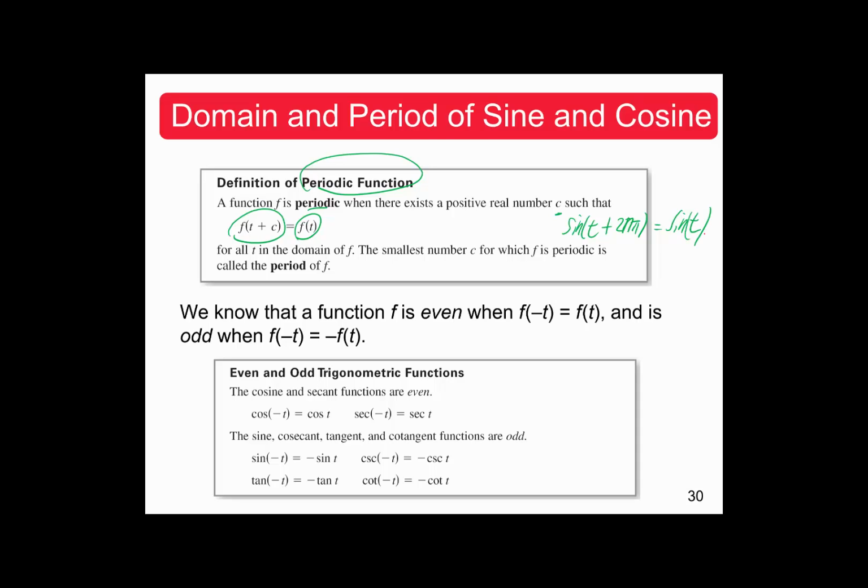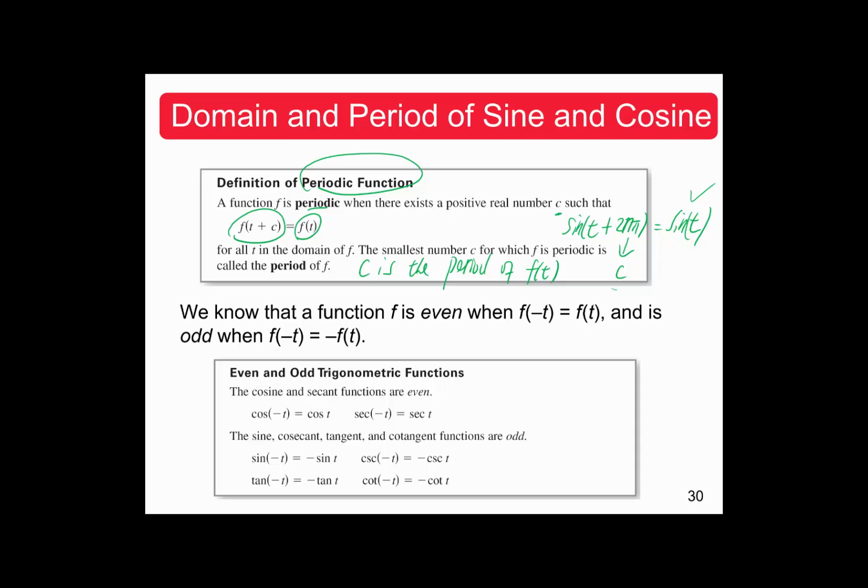And here 2n pi is what we're calling c, right? So you add c, you end up with the same result. Then the period is going to be 2n pi. So that c becomes the period of the function f of t.